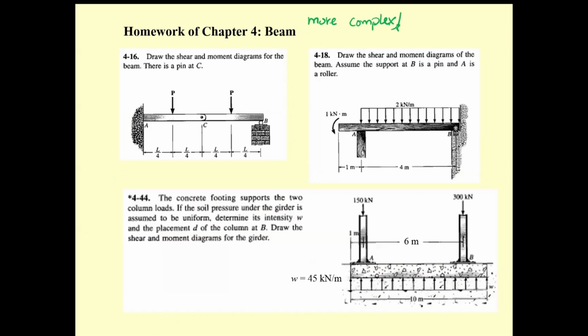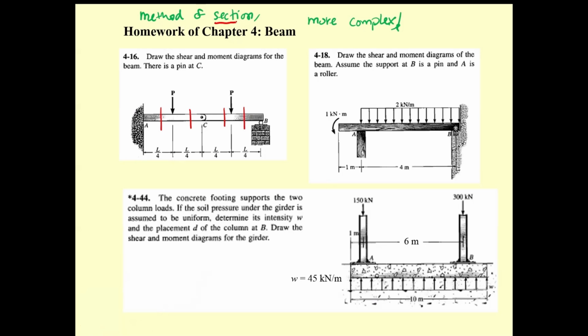Then the method we used to use, the method of sections to draw the shear force diagram and bending moment diagram, is not good because, for example, for this one, you have to cut the beam 1, 2, 3, 4 times.